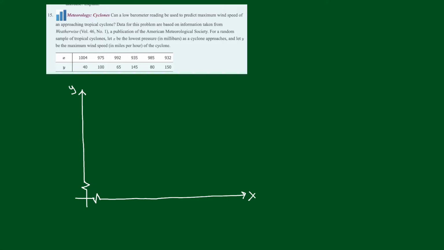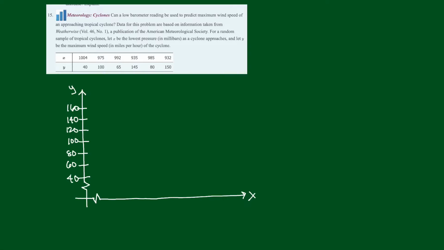So how about if I just go every 20? Maybe I could go 40, 60, 80, 100, 120, 140, 160.